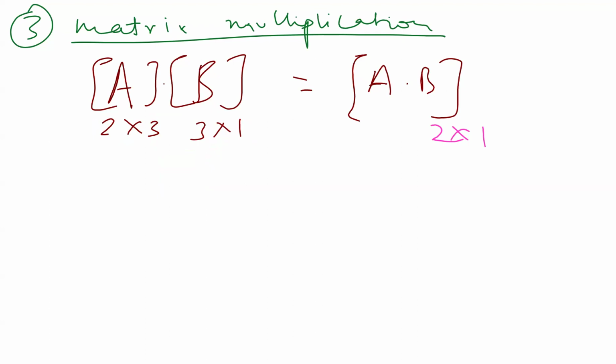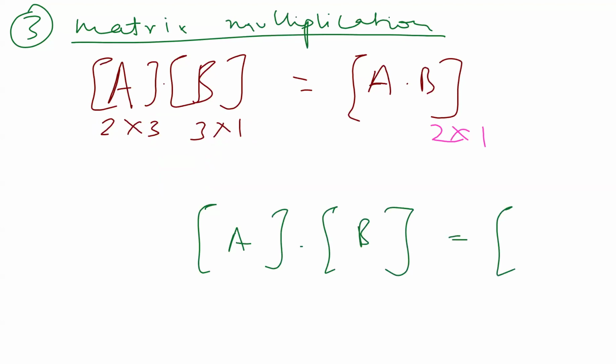Now I'll share some examples. This is just for your understanding. The order of this is 2 cross 3, and this is also 2 cross 3.